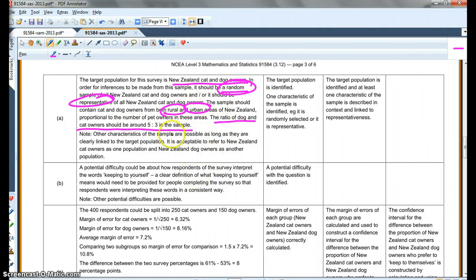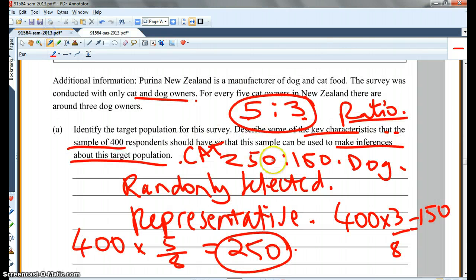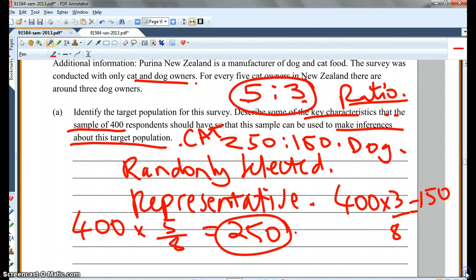Also, other things to consider would be making sure that if you've got owners that have many cats and dogs, that they're proportionally represented as well. So there's other answers. That's fine. Okay, let's keep going.